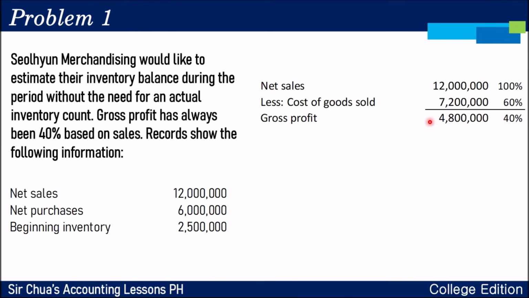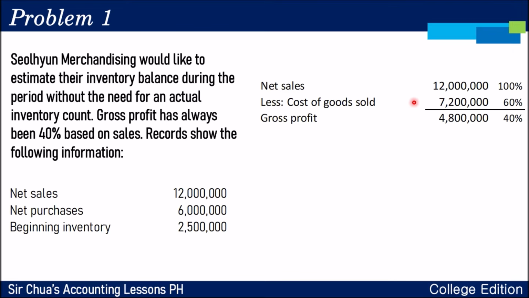And then, to get gross profit, you just multiply 12 million by 40% or you just simply get the difference between the two. Pero ang kailangan po nating information is cost of goods sold. Okay? So, kung 40% po ang ating gross profit rate, then automatically, 60% po ang ating cost of goods sold rate. So, 12 million multiplied by 60%, that is 7,200,000.